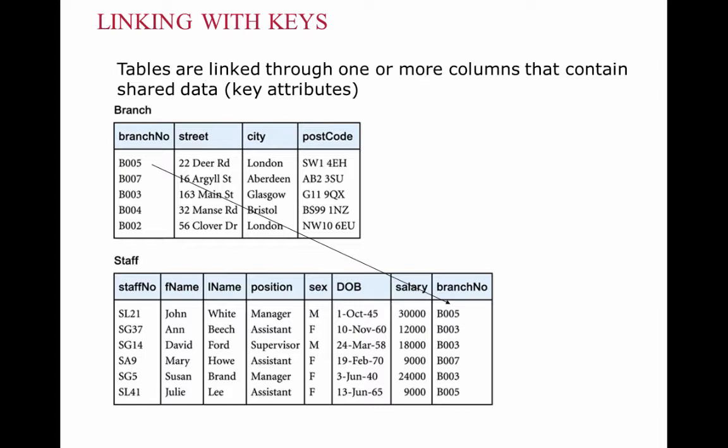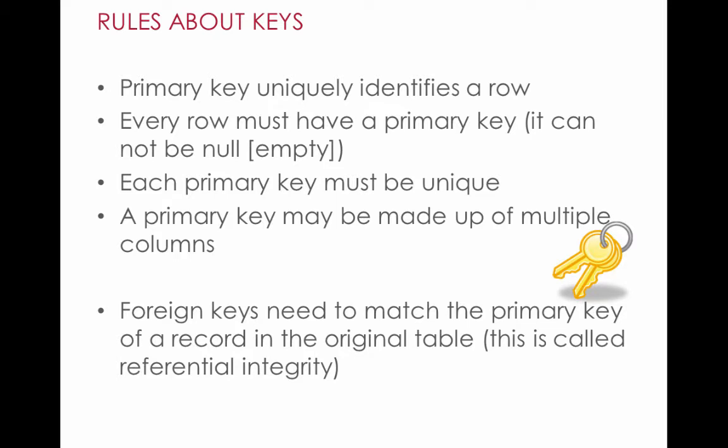So that tells us that, for example, the first row of data in the top table matches the first row of data in the bottom table, both in the staff table. So there are these special columns, these shared data columns that we call key attributes.